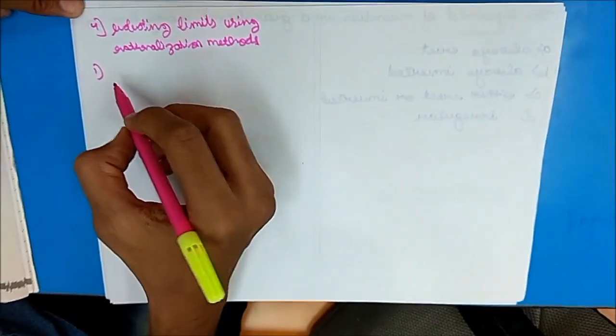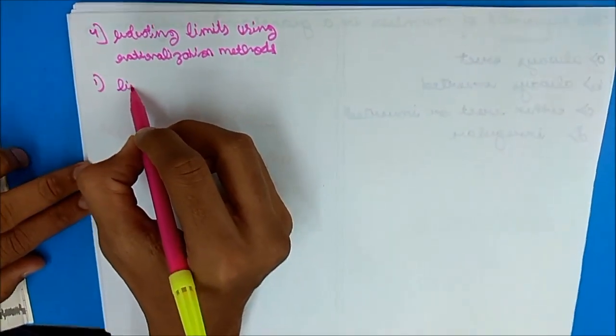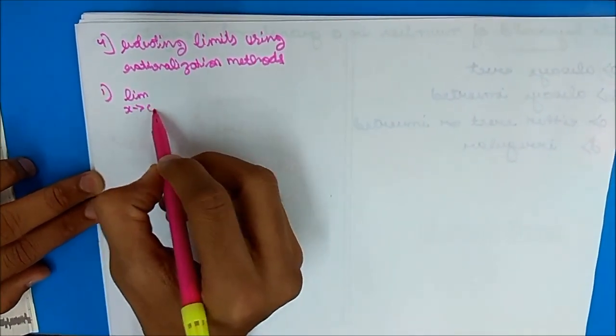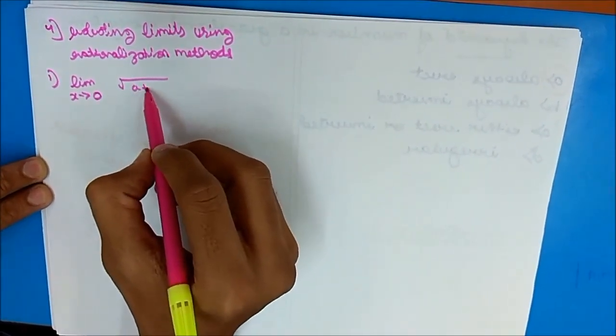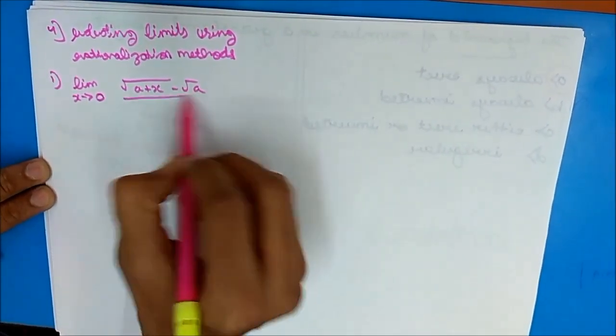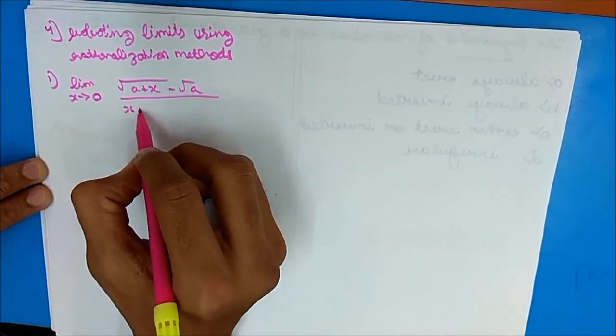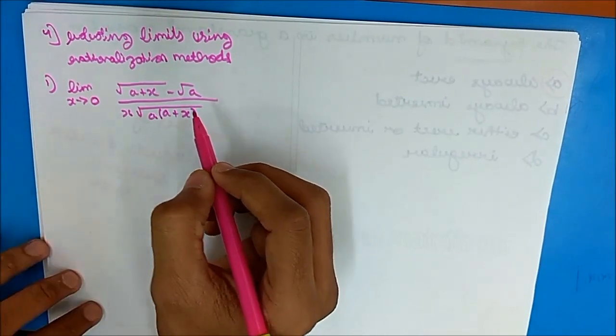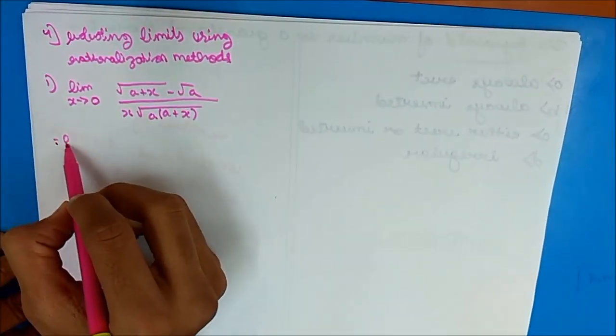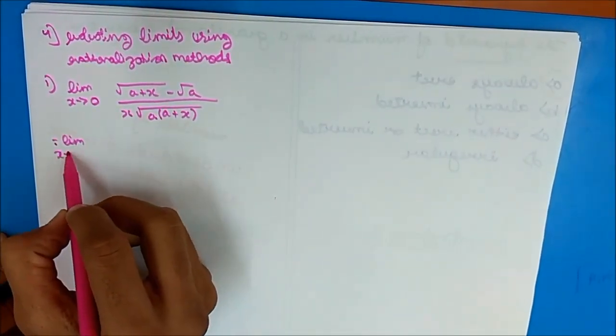We'll take an example, that is limit x tends to 0, root of (a + x) minus root a upon x root of (a + x).